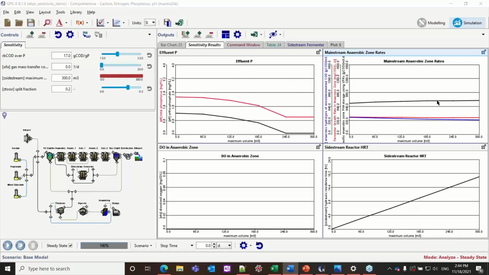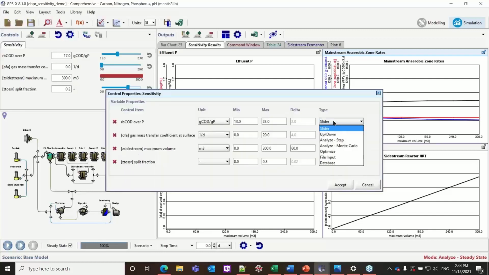Okay, so now I'm going to move on to varying the influent readily biodegradable soluble substrate to total phosphorus ratio. I'm just going to switch the readily biodegradable COD over P ratio to be the analyzed step variable. We're going to be varying this between 13 grams of COD per gram of phosphorus to 23 grams of COD per gram of phosphorus.